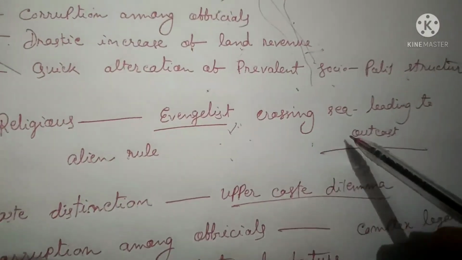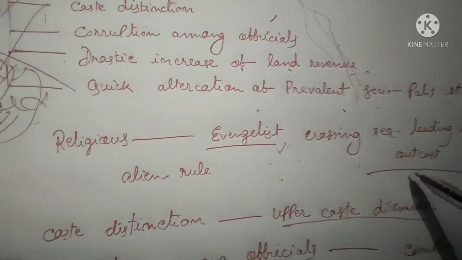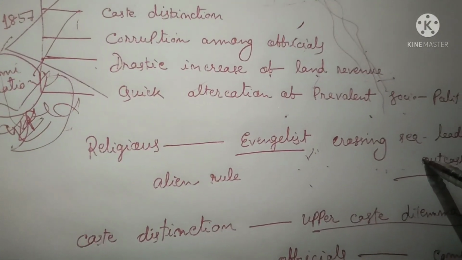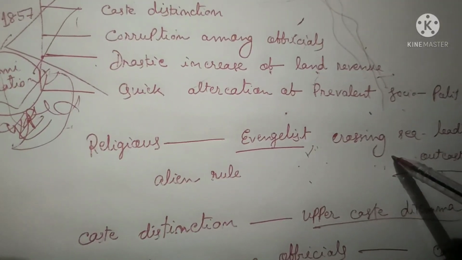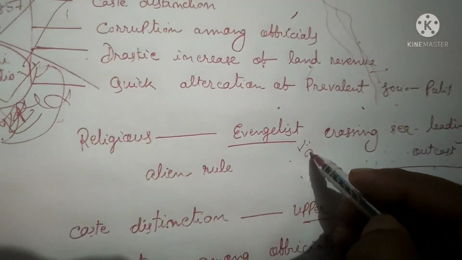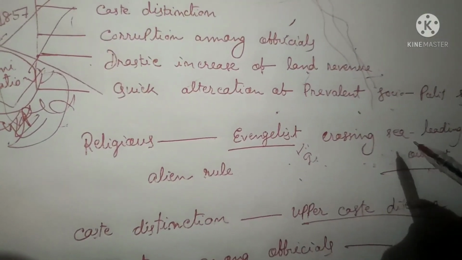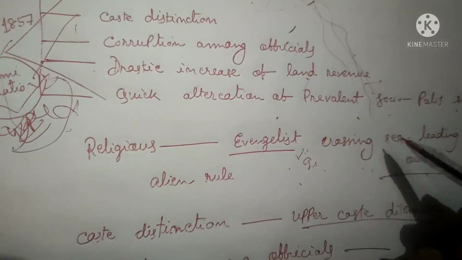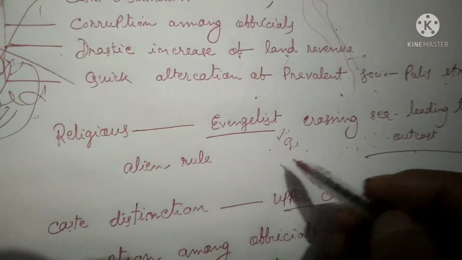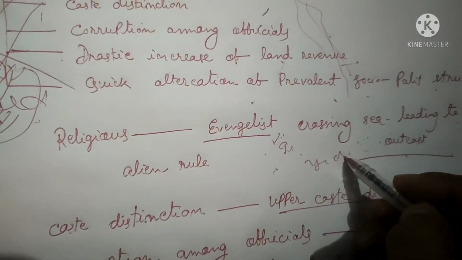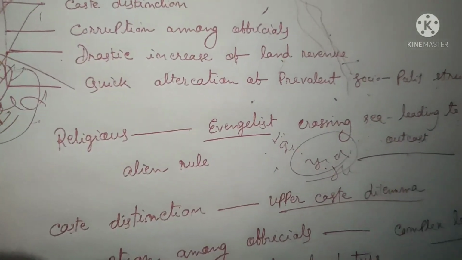Another is crossing the sea leading to outcasting. What is the meaning of this point? The wartime effort to cross the sea confronted our Hindu concept, because according to it you could not cross the boundary of the sea at that time.